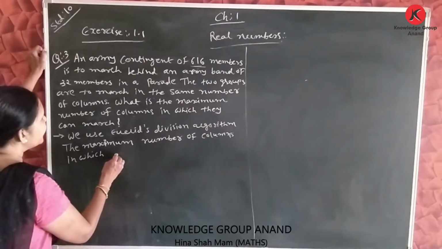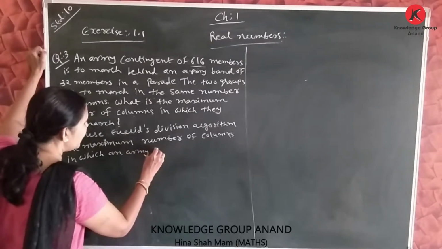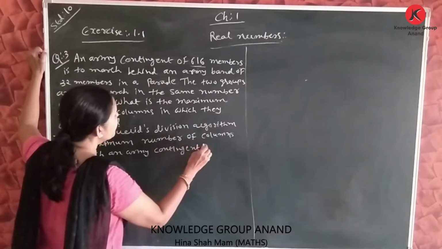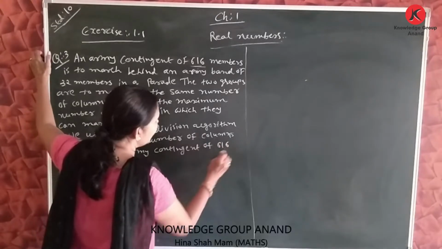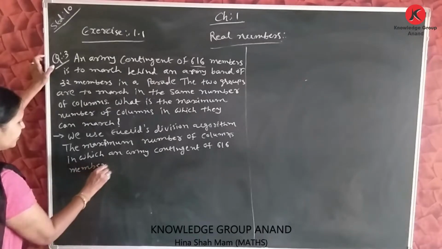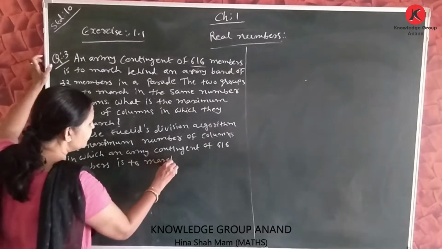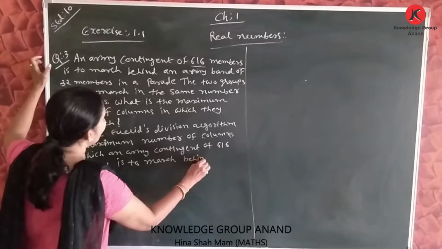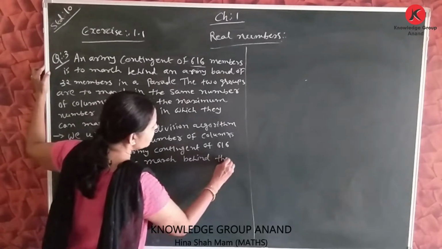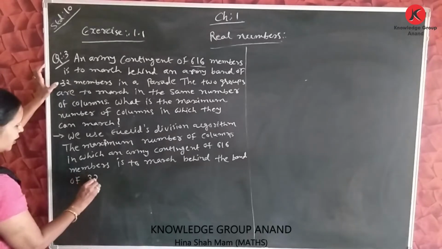An army contingent of 616 members is to march behind the band of 32 members.